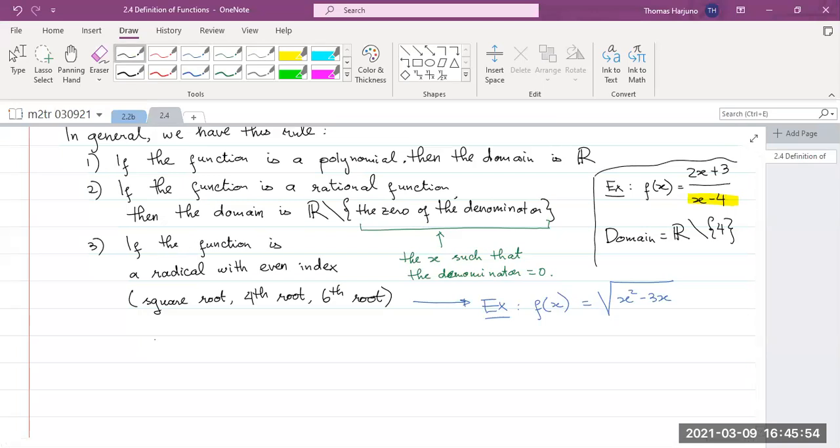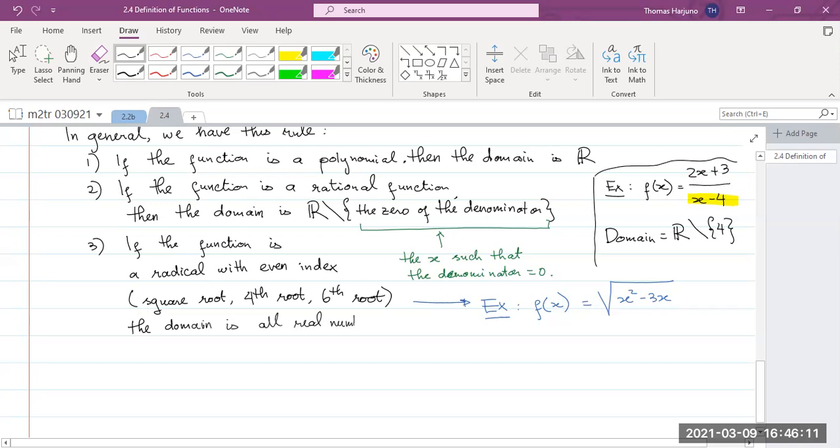If you have that kind of function, then the domain is all real numbers where the radicand is at least 0.